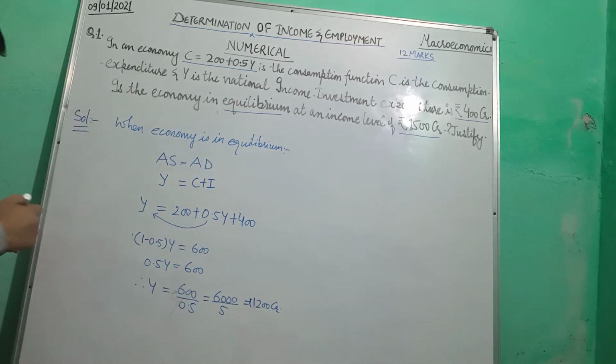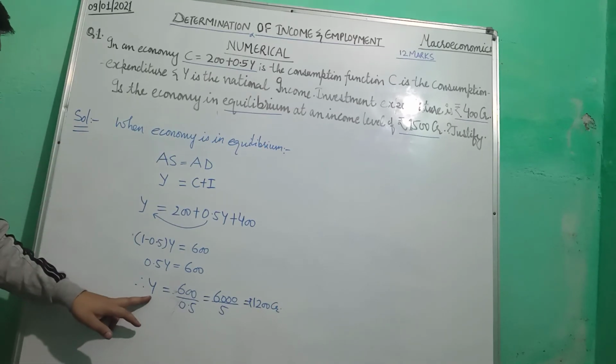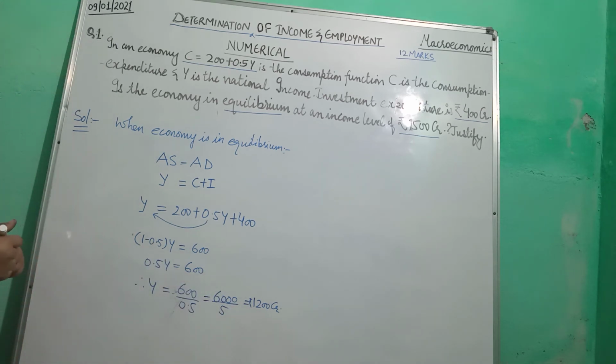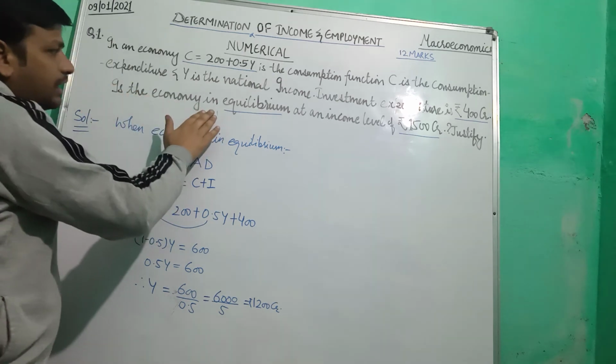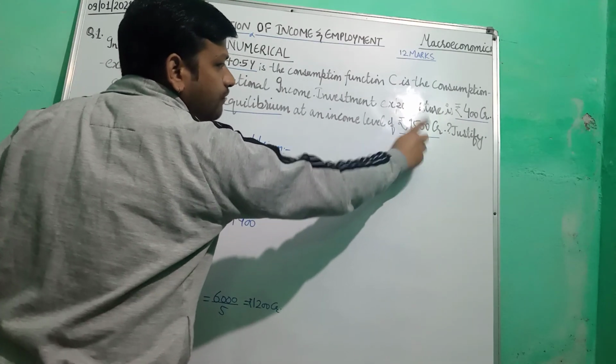So after calculating this, in equilibrium the national income comes to be rupees 1200 crore. In the question it is asked whether this economy is at the equilibrium level at rupees 500 crore.